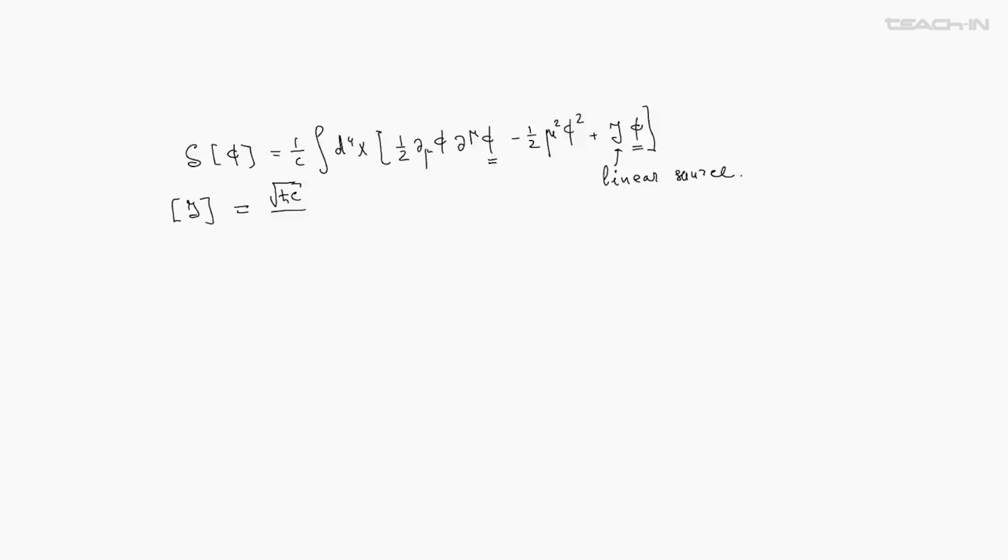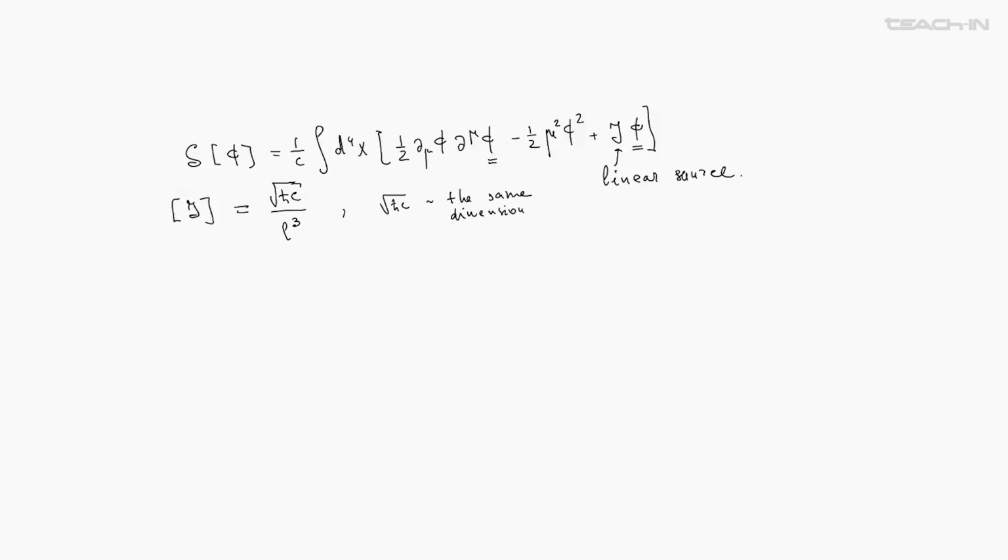And now an interesting thing is that this quantity, square root of h bar c, has the same dimension as an electric charge. So this is the same physical dimension as electric charge.